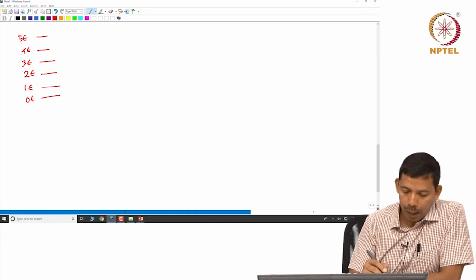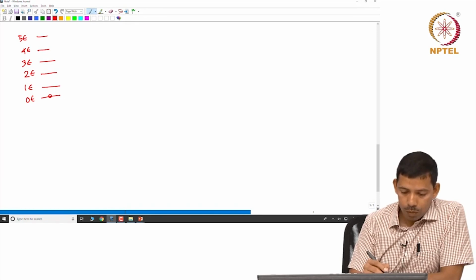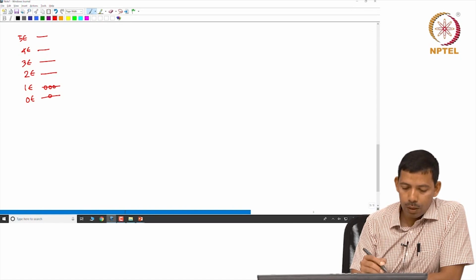So I can have 1 particle here, and I can have 3 particles here. But it's a 4-particle system, so this does not fulfill the condition. If I have 4 particles, this total energy is 3 epsilon. Therefore, this is not the right distribution.